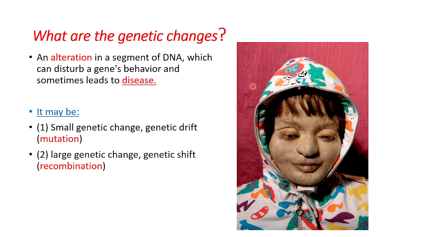Now the next thing is, what are genetic changes? Any alteration in a segment of DNA which affects a gene's behavior or the functioning of an organism, including the different kinds of diseases observed in an organism, can be termed genetic changes. Probably you do not see it in the father or the mother, but you see it in the offspring.